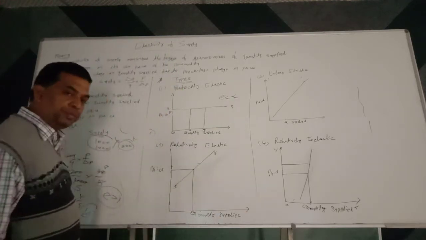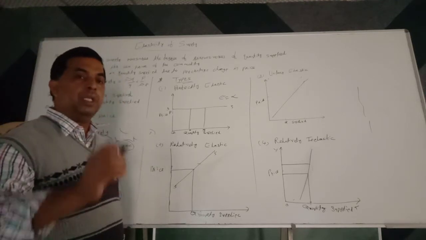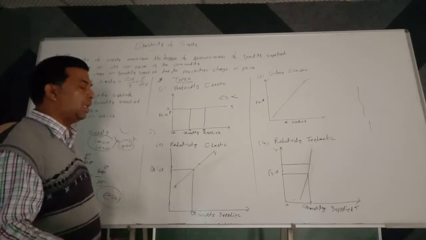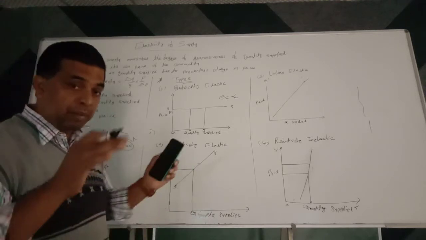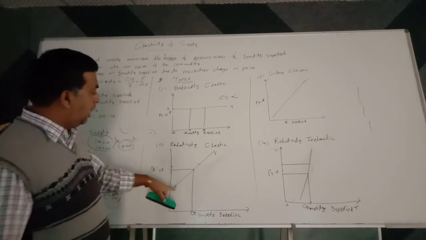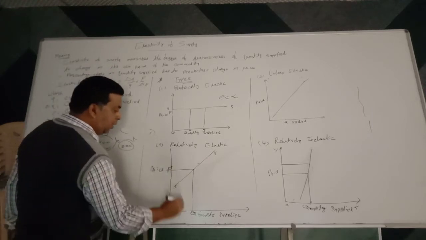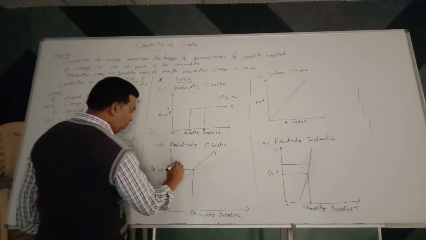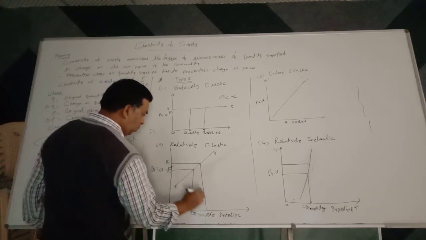Now the second type, relatively elastic supply. When proportionate change in quantity supplied is greater than proportionate change in its own price, it is known as relatively elastic supply. जैसे हमने डिमांड में फ्लैटर कर्व ड्रॉ किया था, यहां भी वो सेम करना पड़ेगा. The SS curve indicates supply of a commodity. Original price is OP, original quantity supplied is OQ. Suppose price rises from OP to OP1, and supply of the commodity increases from OQ to OQ1.